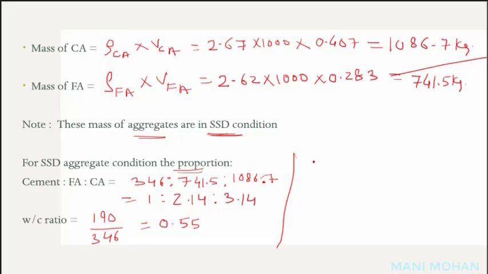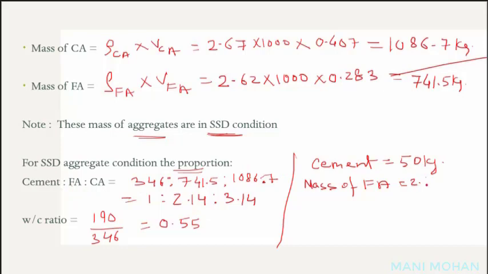If I want to know for 1 bag of cement what is the quantity of fine aggregate, coarse aggregate and water to be used, simply multiply 50 to these values. So in 1 bag of cement, what is the mass of the cement? Cement is 50 kg. What will be the mass of fine aggregate which we have to use? 2.14 part is your fine aggregate.